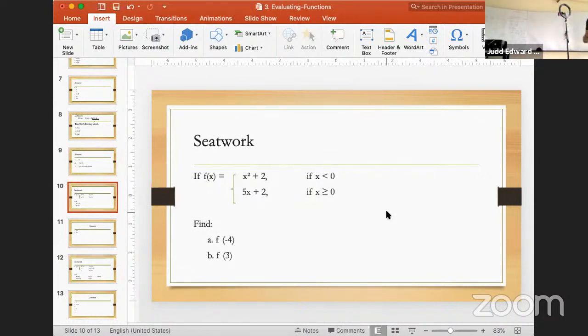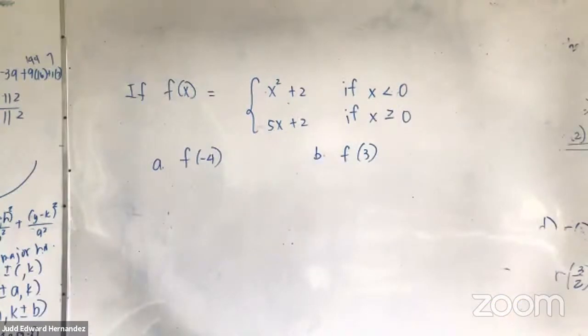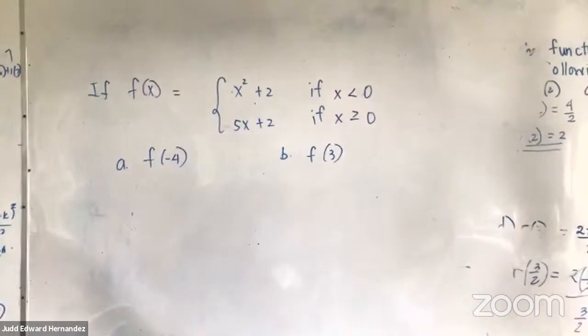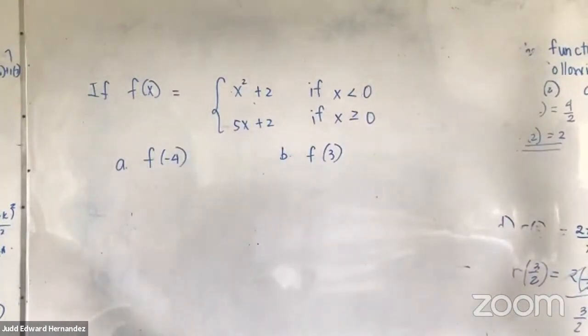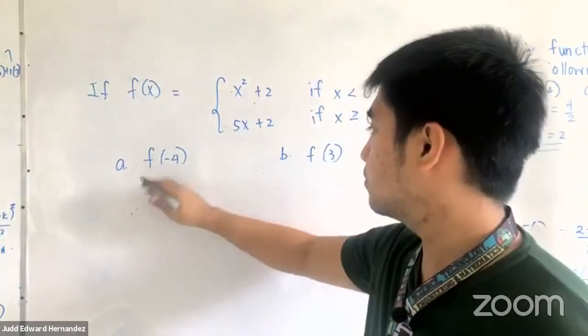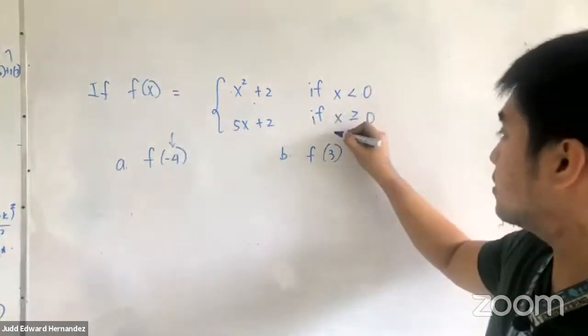If you are given this problem, always remember that we need to analyze first. And in order for us to analyze, we need to look clearly at the functions. So this will be the given. Again, we're asked to evaluate at x is equal to -4 and at x is equal to 3.